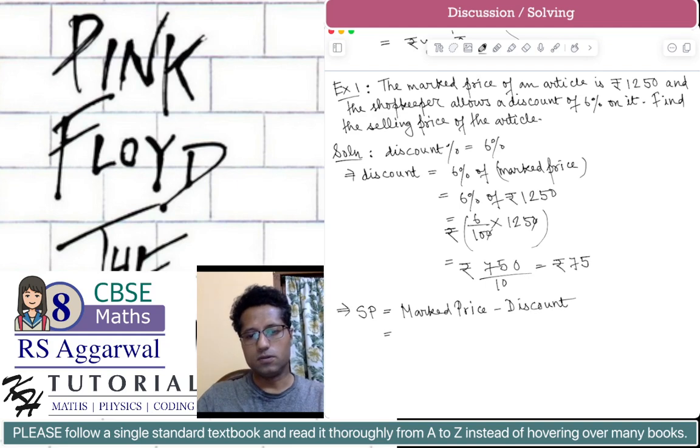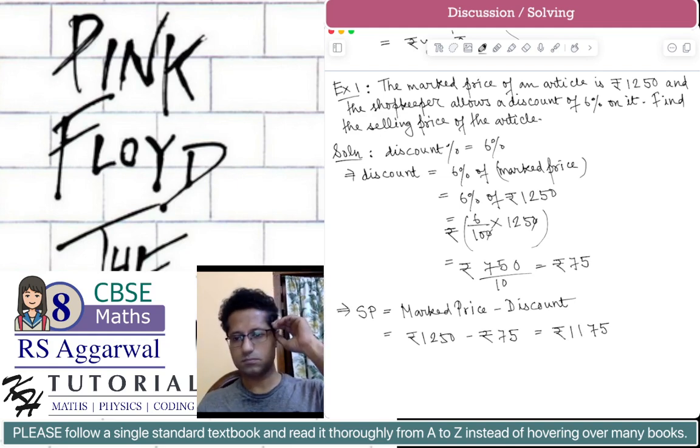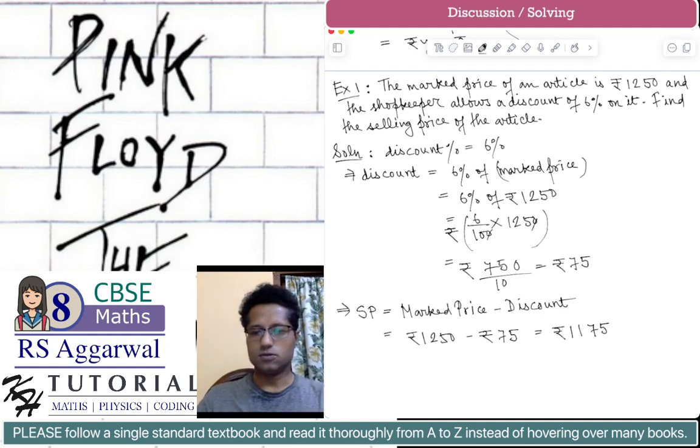This is equal to the mark price, which was given to be 1250, minus the discount, which is 75, which is rupees 1175. Okay, so this is the selling price of the article.